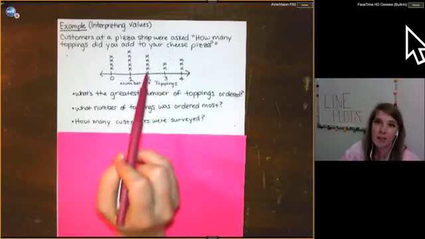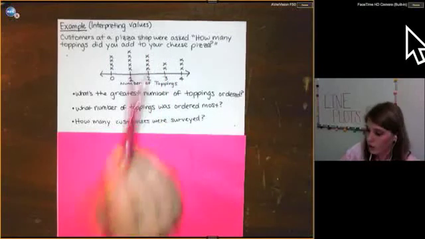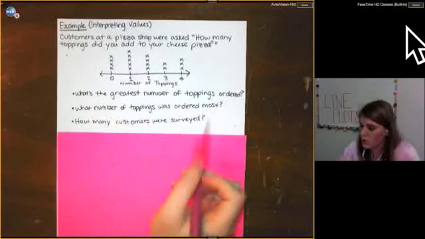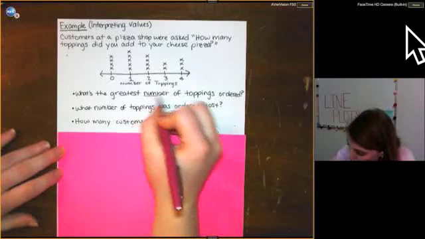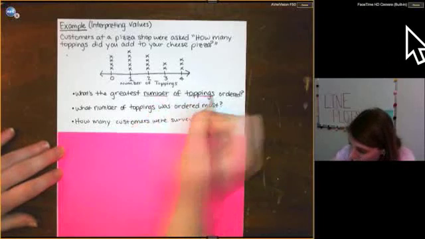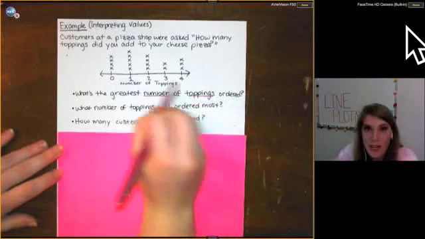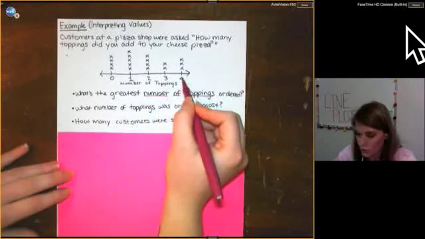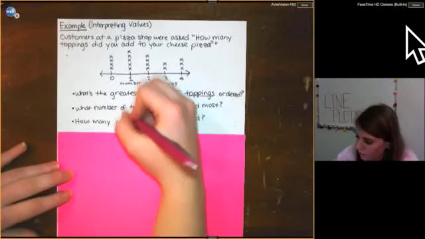How many times does a data value occur? So what's the greatest number of toppings ordered? Since we're specifically asking about the number of toppings, that means we're talking about these numbers here, the answers to the questions. So the greatest, obviously, is going to go to the far right on our number line, so 4.